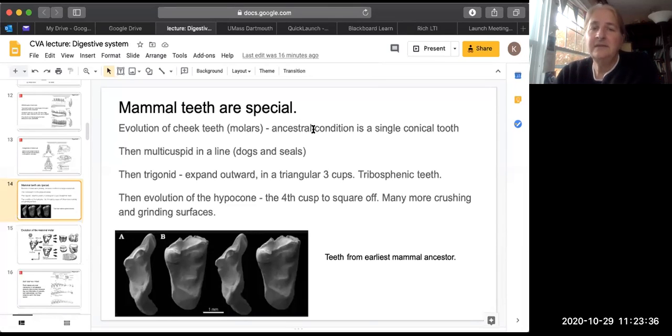As I said, the ancestral condition is a single conical tooth. Then in evolution, it becomes multicuspid, so there's the cone shape and then little cusps on the side, but it's still kind of in a line like this.